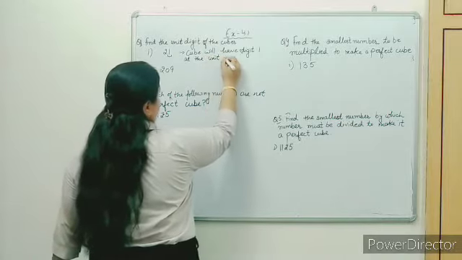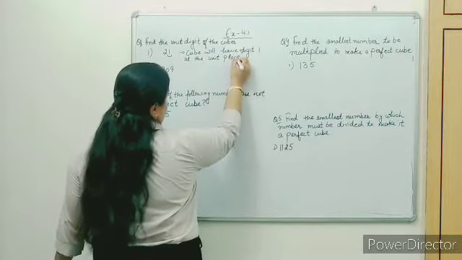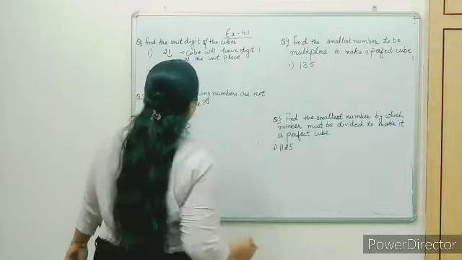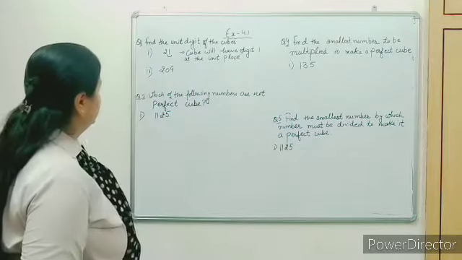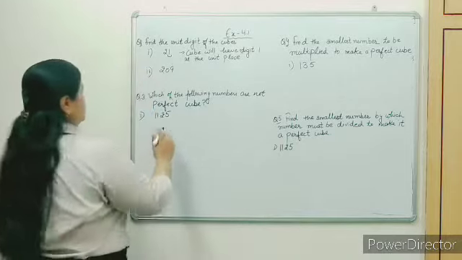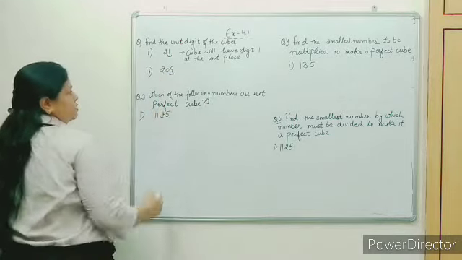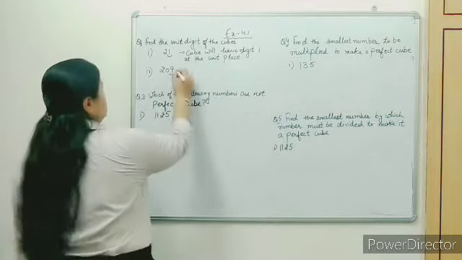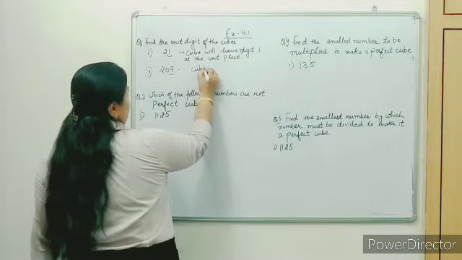Property number 4 says if a number ends with 0, 1, 4, 5, 6, 9, then its cube will also end with the same digit. Same way, if a number ends with 9, then its cube will end with digit 9.